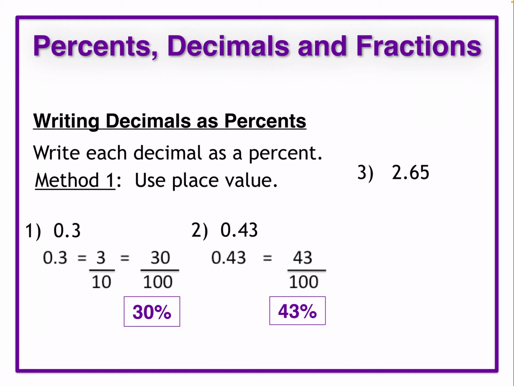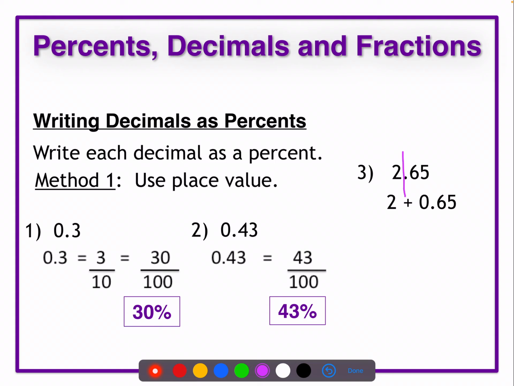Number 3, we have 2.65. Here we split it into whole numbers and decimals. So the 2 plus 0.65, and if you remember, 1 as a whole means 100%. So if we have 2 wholes, that will be 2 times 100, which means 2 equals 200%.